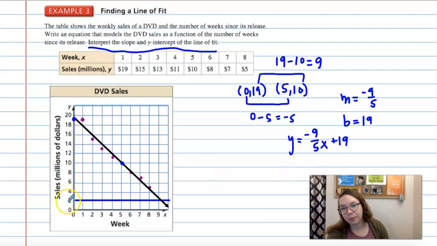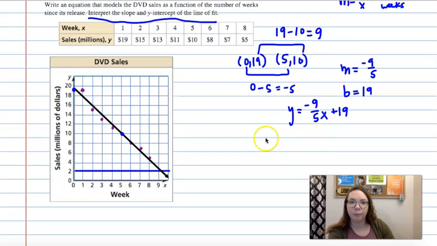So we're saying slope is always change in y over change in x. So in this case that would be sales over weeks. So we're losing about, let me go ahead and type this for us.